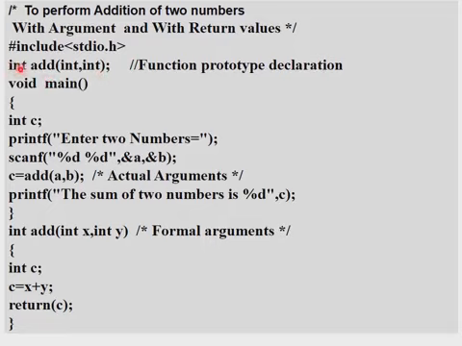Here we can return an integer type of variable from this add function, and it will have two arguments of type integer. That is, we will add the two integer numbers, and the sum will be added into an integer value, and it will be returned from this function.